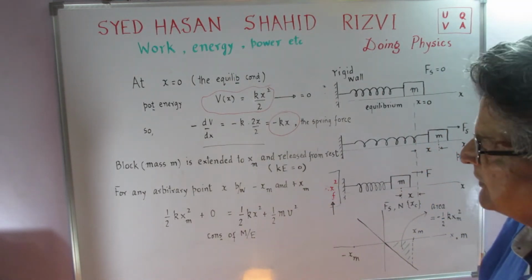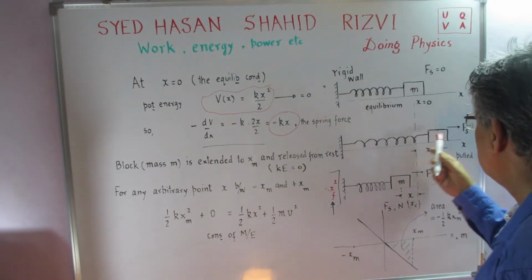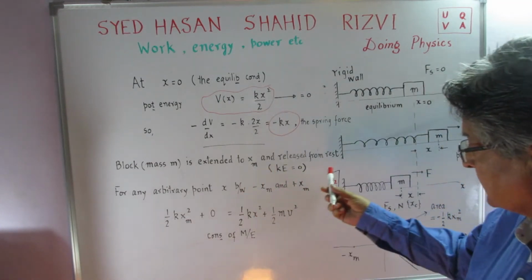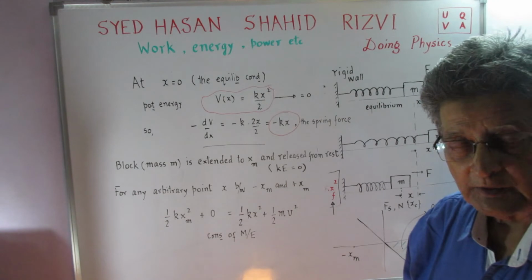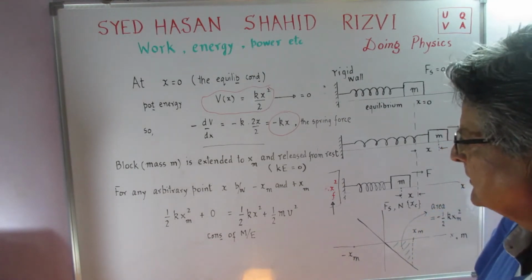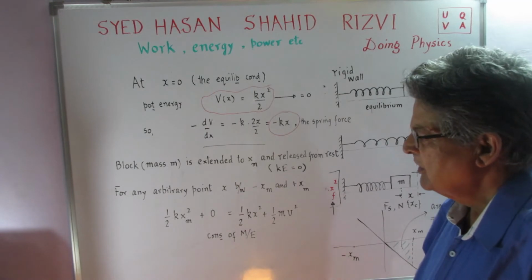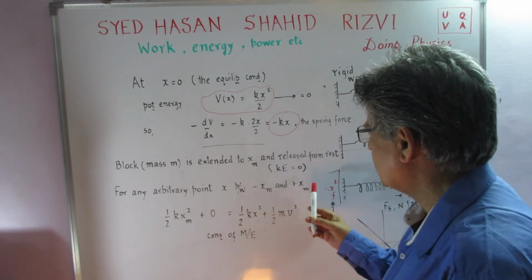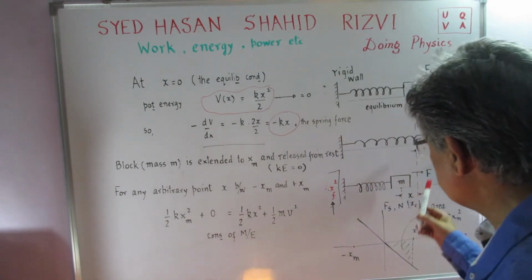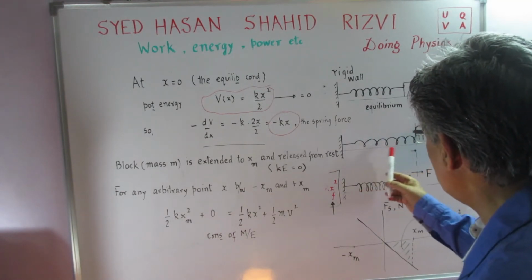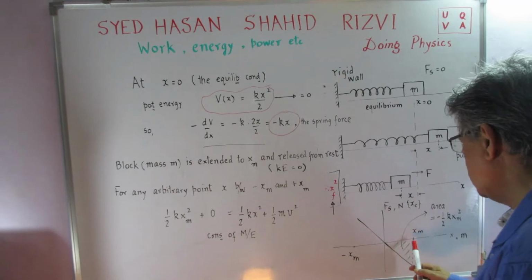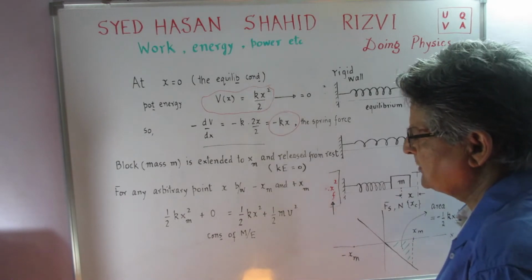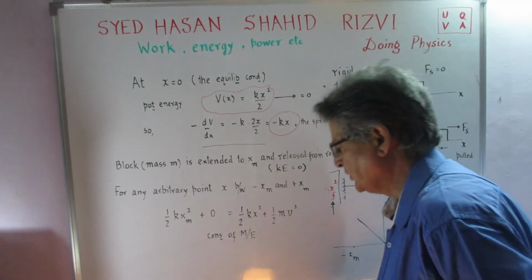Now, if we extend the mass m to a limit xm and then release it from rest, when the initial kinetic energy is equal to 0, we can take any arbitrarily chosen point x between minus xm and plus xm, and write the principle of conservation of mechanical energy.